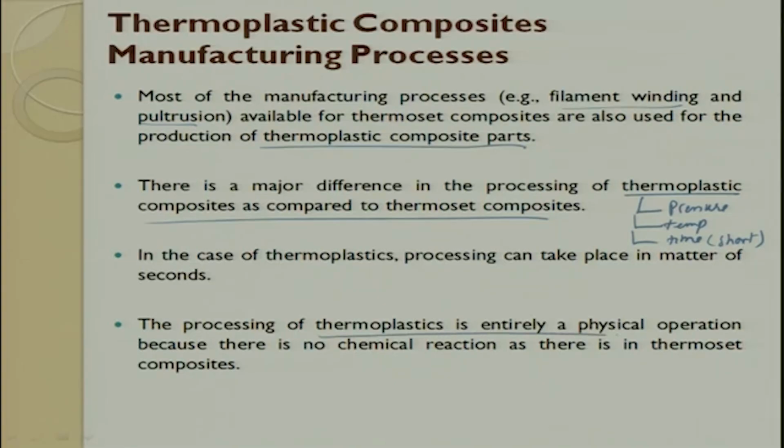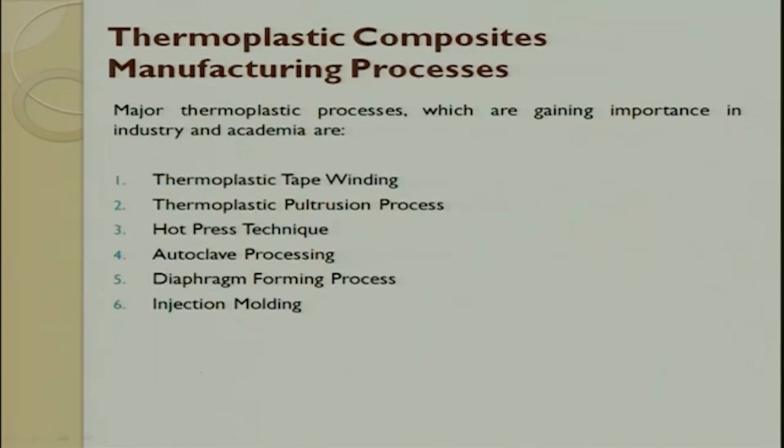Thermoplastic is entirely a physical operation because there is no chemical reaction as compared to that of thermoset. That is why I said VOCs are not there in thermoplastic composites. So, some of the major processes which are gaining importance today, still a lot of learning is going on, the processes have not been optimized.